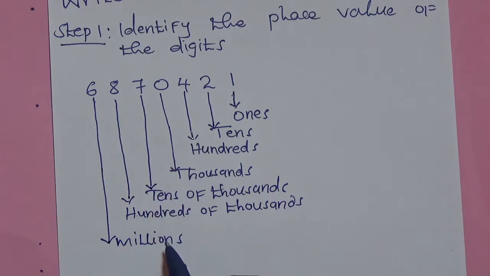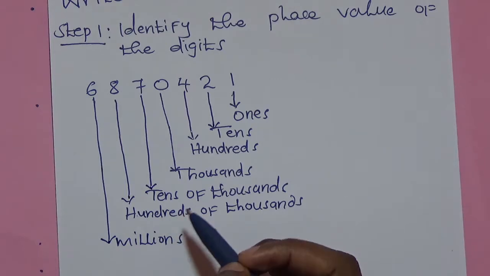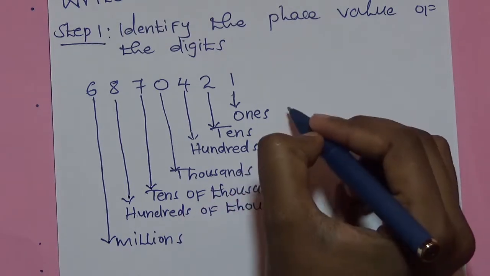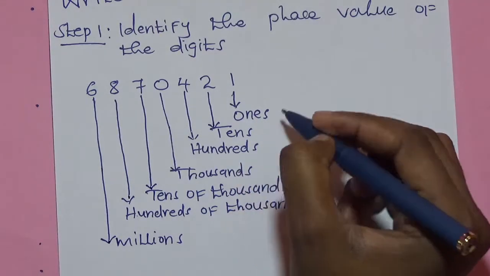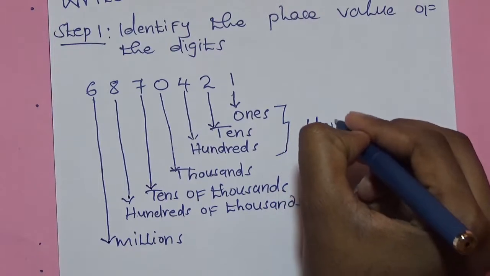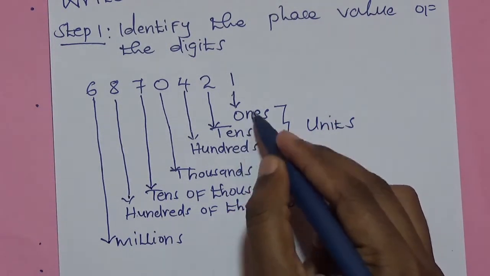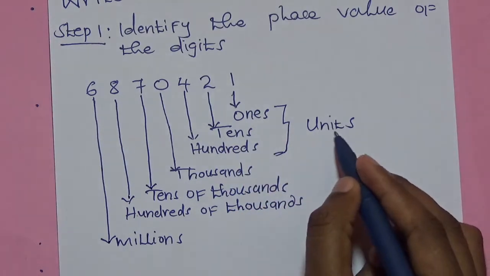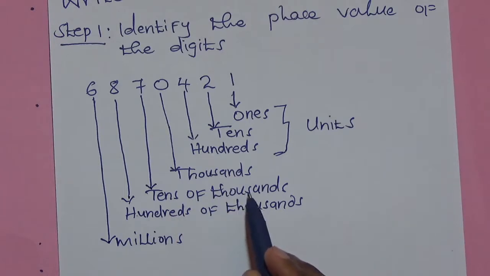Step number 2, we classify the place value of the digits. Now we can classify ones, tens and hundreds into units. We can collectively call the three place values as units, and then we have thousands, tens of thousands and hundreds of thousands.